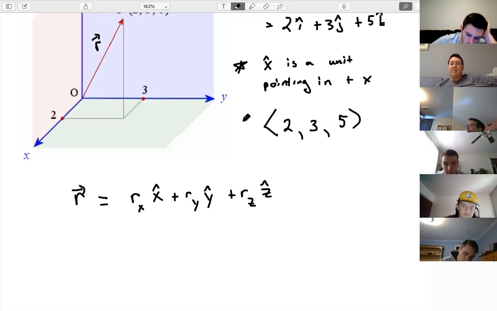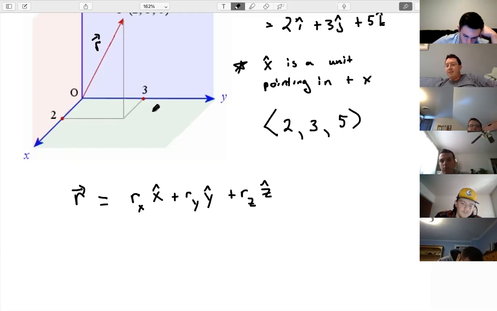This is a really nice way to write it because it's compact, but it can be confusing because this way of writing things, you've already assumed that this is associated with x, y, and z. But what if the problem isn't nice and rectangular? What if it's round, like spherical, and you're using spherical coordinates? Then it's ambiguous.